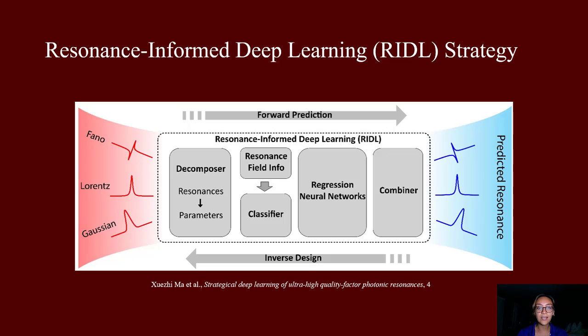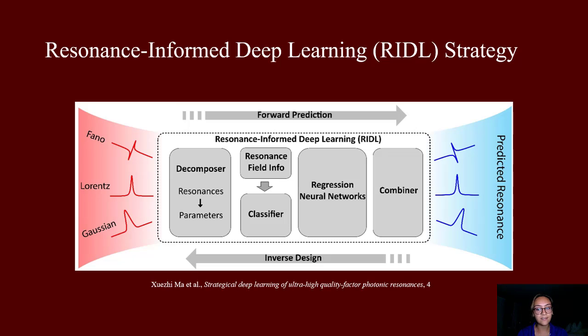It then extracts a set of analytical parameters. Now, using these parameters and their associated resonance field information, the resonance is then classified into its properties to then follow its designed regression neural network. This is where the resulting predicted resonance will be generated.